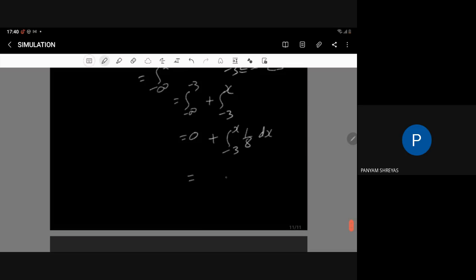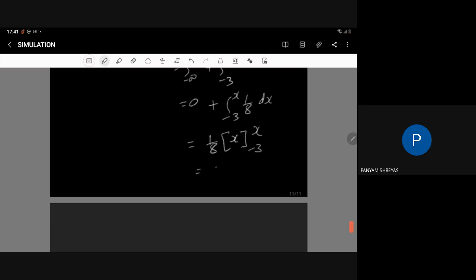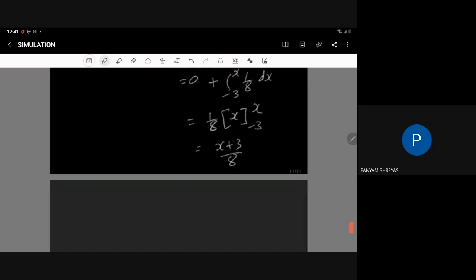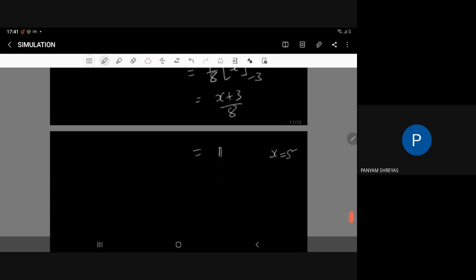So this will come 1 by 8 times x from -3 to x, which becomes (x plus 3) upon 8, and when we put x equal to 5, it is 1.